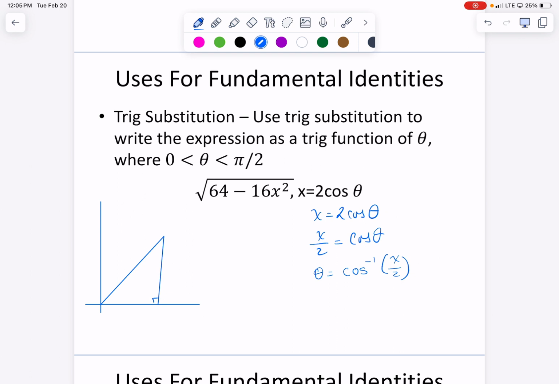So theta is going to equal the inverse cosine of x over 2.